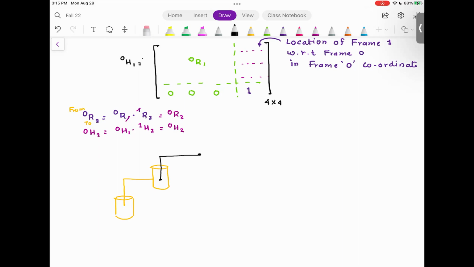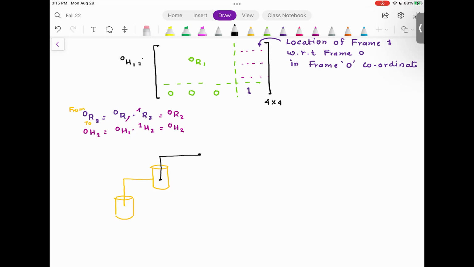Every mechanism comprises joints and links. As soon as you decompose that three-dimensional mechanism into joints, rotary, prismatic, or spherical, and links, the homogeneous transformation technique will allow you to solve any forward kinematics problem.